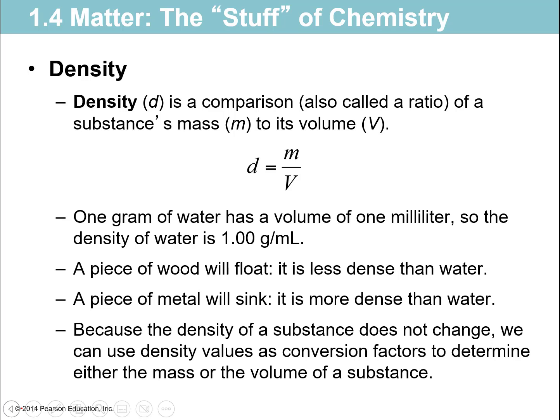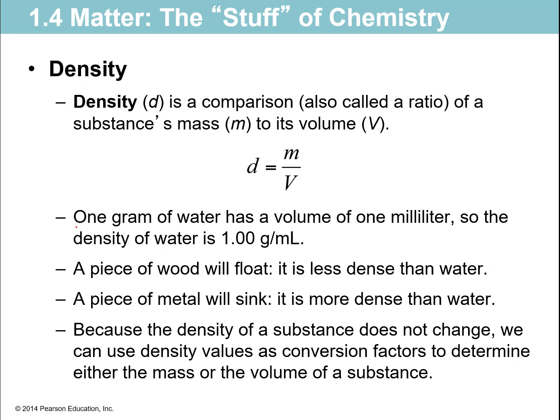If you had a sample of pure water, you could define the density by measuring its mass and the amount of space that it takes up. If I had a 1 liter bottle of water or a 2 liter bottle of water, they would have the same density. It would be twice the volume, but it would have twice the mass, so my density calculations would be exactly the same.